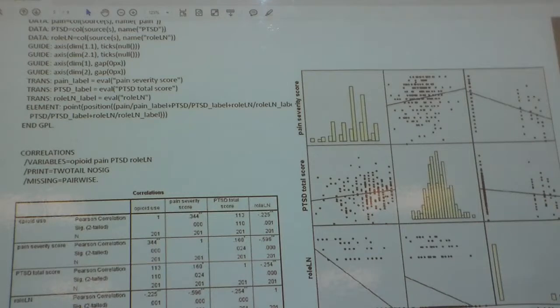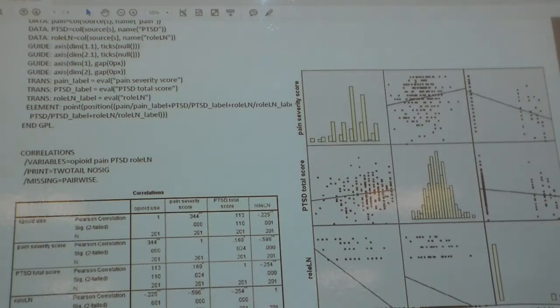Something we hardly ever talk about. Anybody recall? Follow a normal distribution? No. Oh, sorry, predictor variables. It's non-random, measured without error.